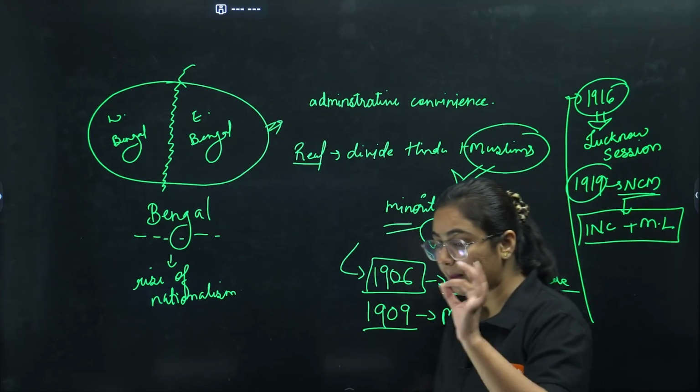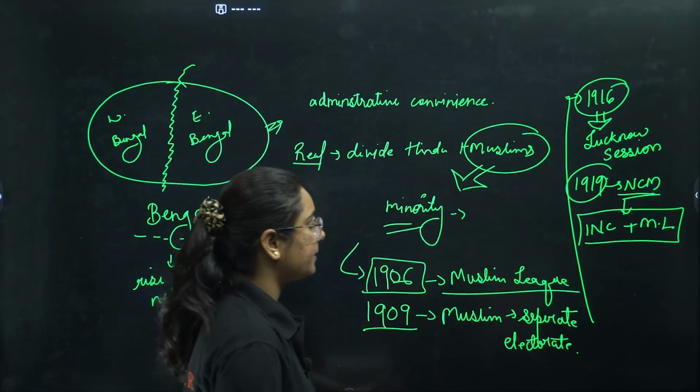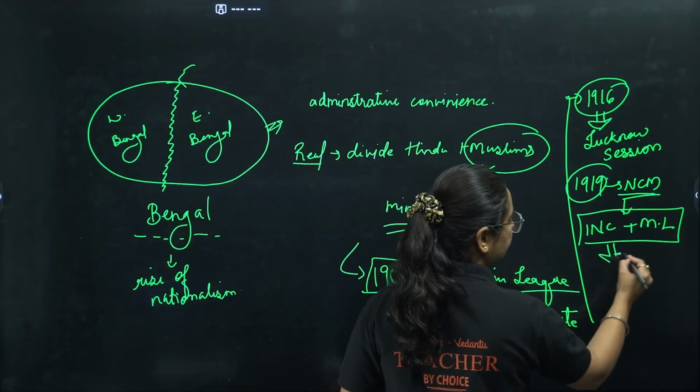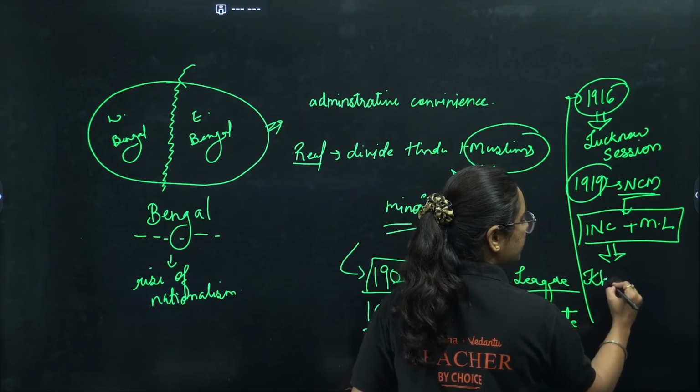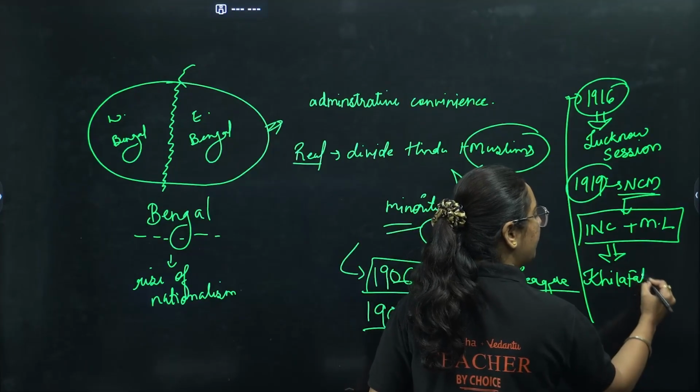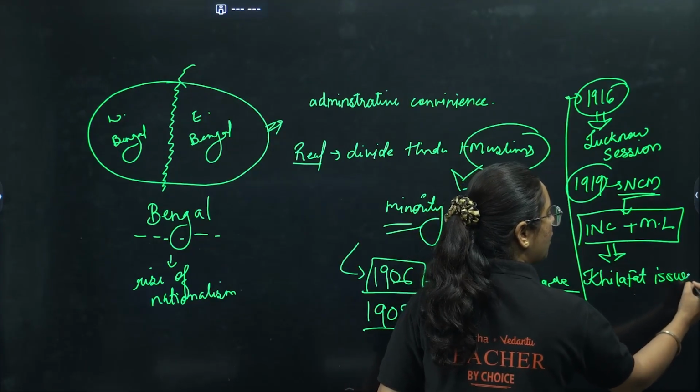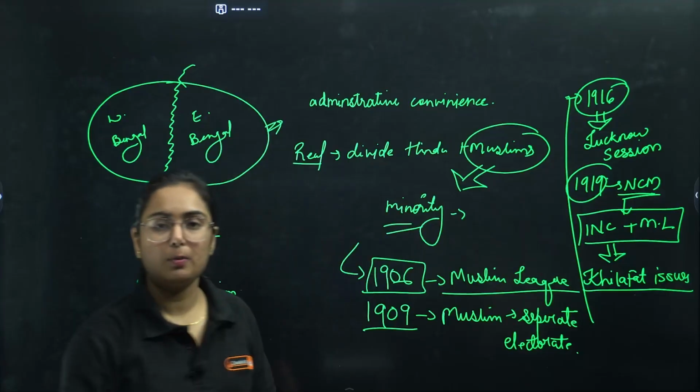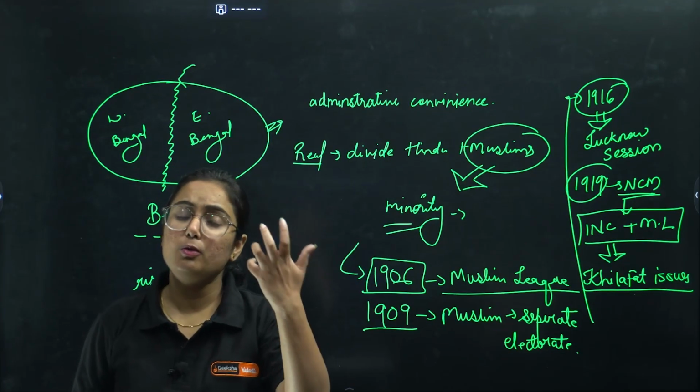But what happened after 1919 is that they felt that this Khilafat issue somewhere vanished by Congress in this non-cooperation movement. The non-cooperation movement was withdrawn.